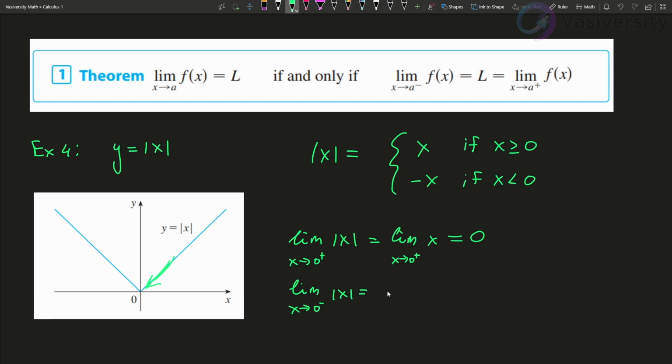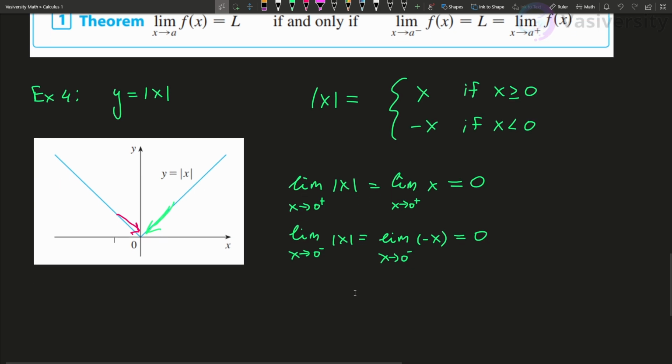Well, that's going to be the limit of negative x as x approaches 0, which will also turn out to be 0. Good. So that means by the theorem, since both the left-hand and the right-hand limits agree, the limit of the absolute value of x as x approaches 0 is also going to be 0.